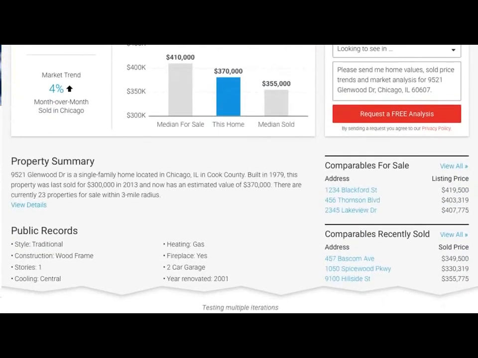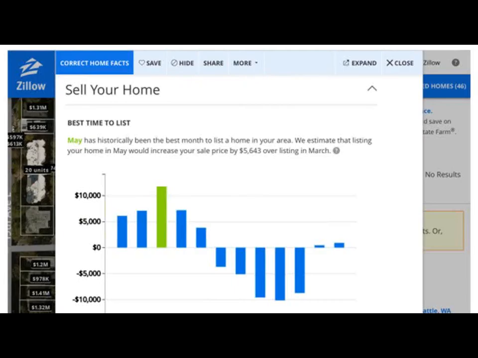This is currently only available in test markets, but what was interesting is their chief product officer said that what they're finding is when someone fills out a lead form on something like this, even an off-market property, 30% of those people end up selling that home within a year. So these are high-quality prospects.